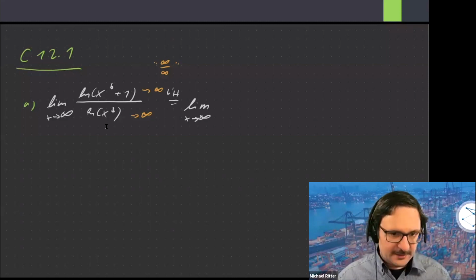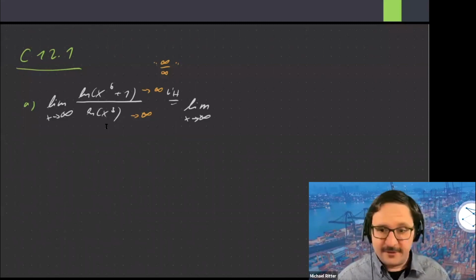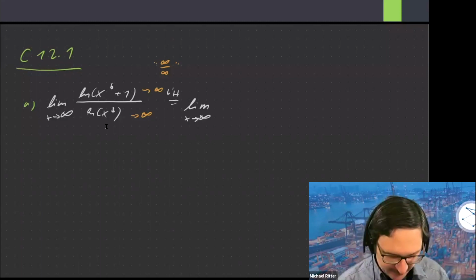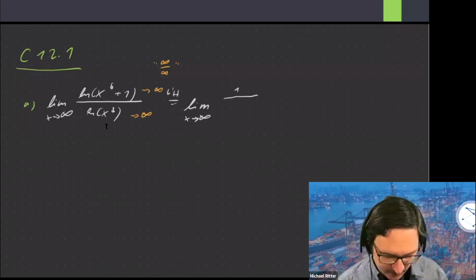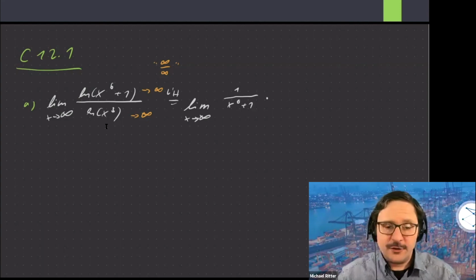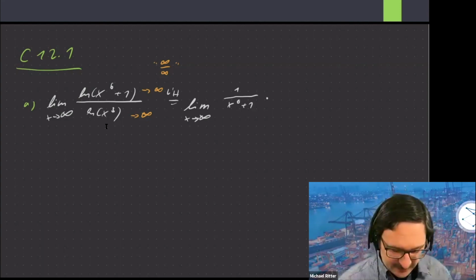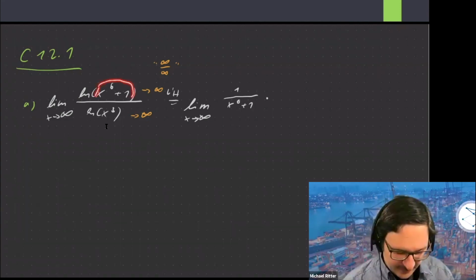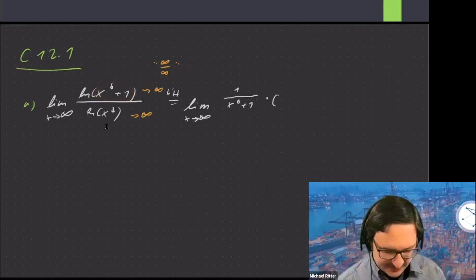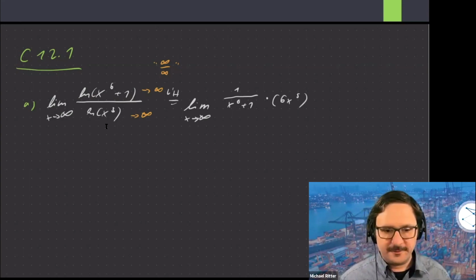So the derivative of the ln function is 1 over the argument. What we get for the numerator is 1 over x to the power of 6 plus 1. Then, using the chain rule, we also have to multiply that with the derivative of the argument. That derivative is 6x to the power of 5.